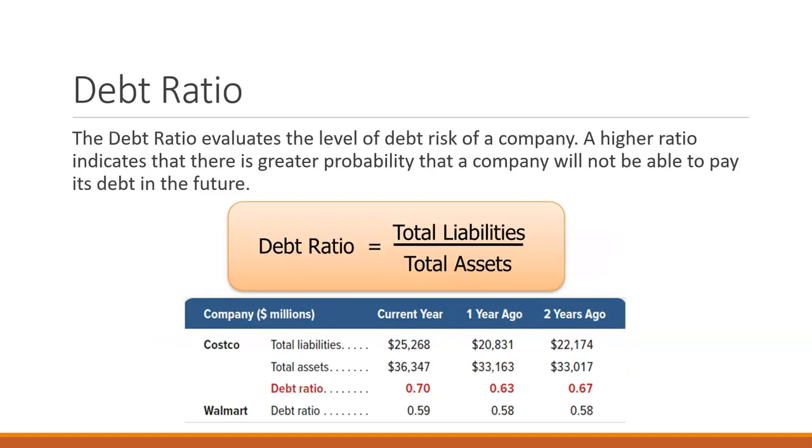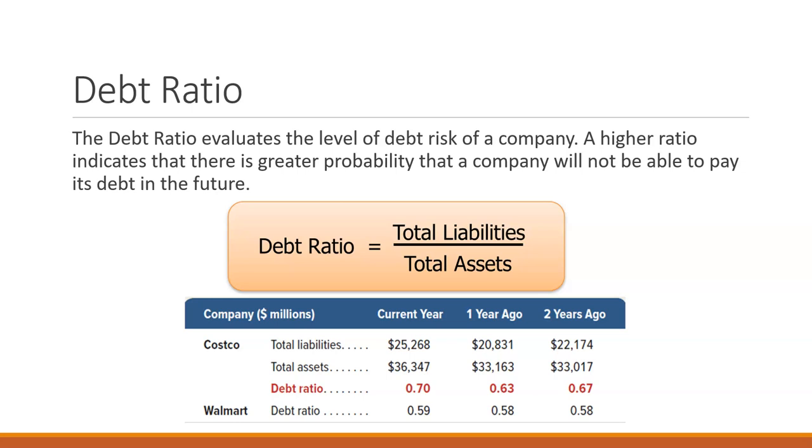The next financial ratio is the debt ratio. What the debt ratio looks at is how much debt a company has taken on, whether they have too much debt and are not able to pay their bills, and whether or not they're a good financial risk.